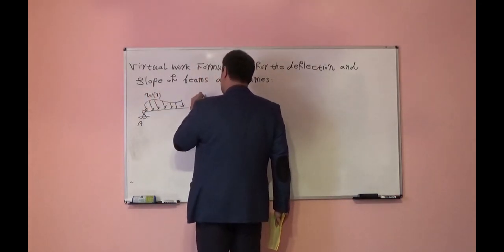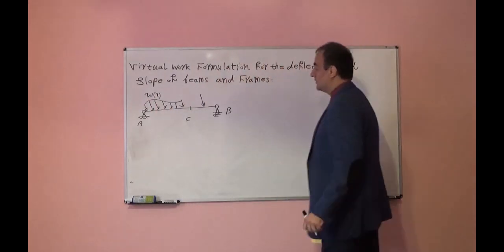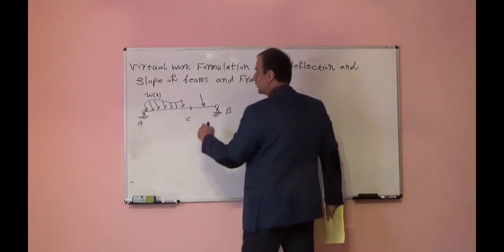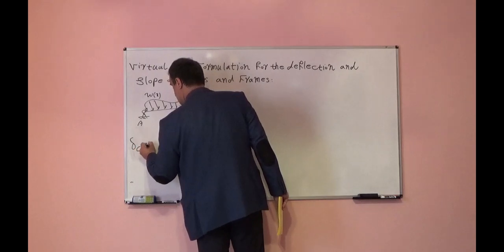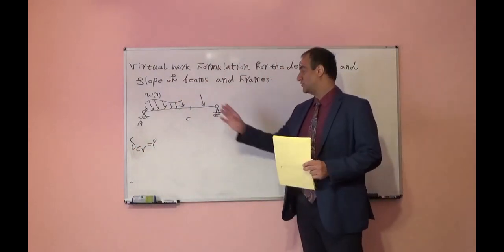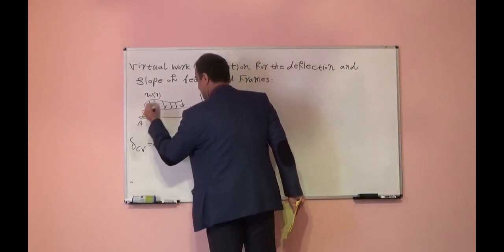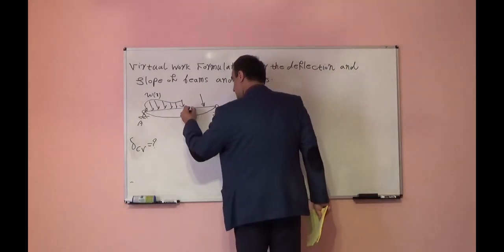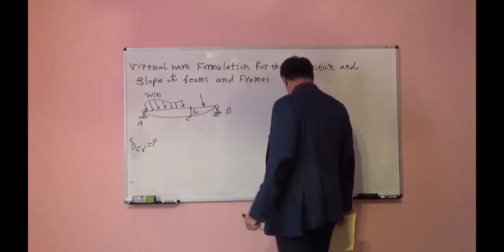Here you can have another concentrated load, something like that. I want to find the vertical deflection of point C after deformation, to see how much point C will deform down. So we know this beam will have sagging or deformation, something like that. I want to measure this deflection, delta C.